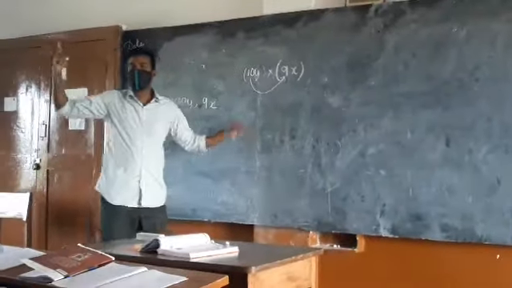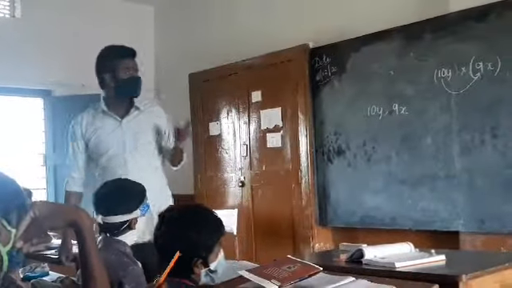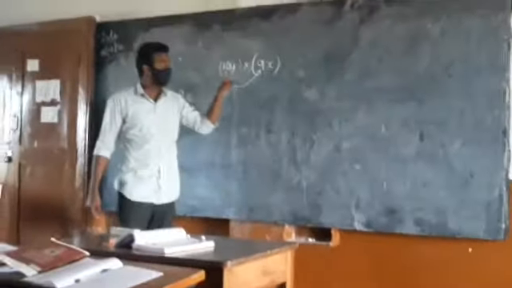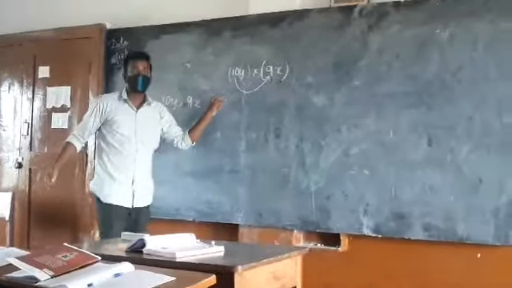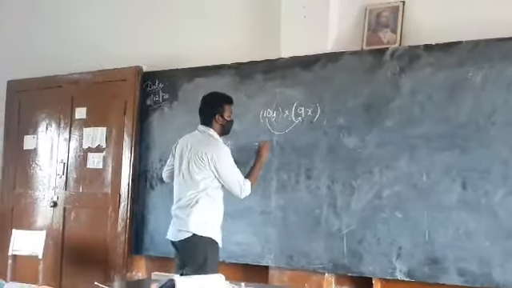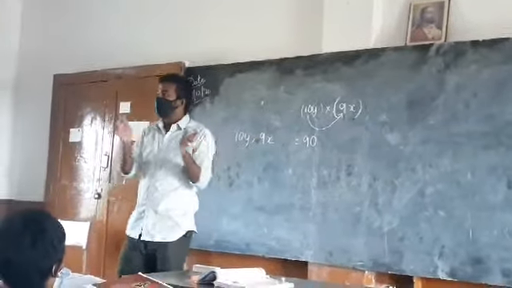We are multiplying all the constants in each monomial. Here 10 is the constant before the variable, and here 9 is the constant before the variable. We multiply 10 into 9. How much? 90. Very good. Then we multiply the variable part, the alphabetical part.